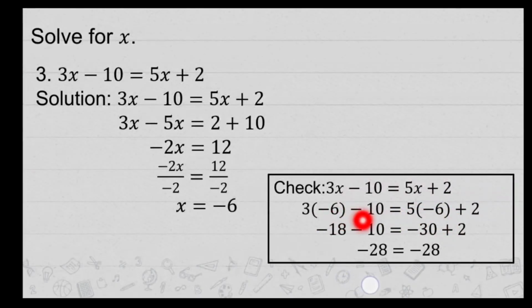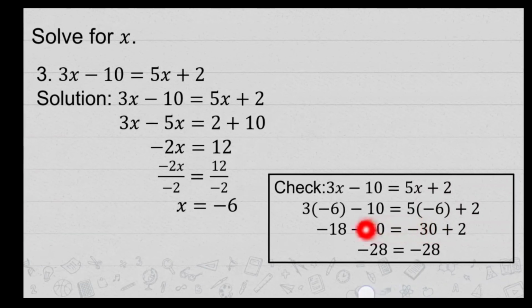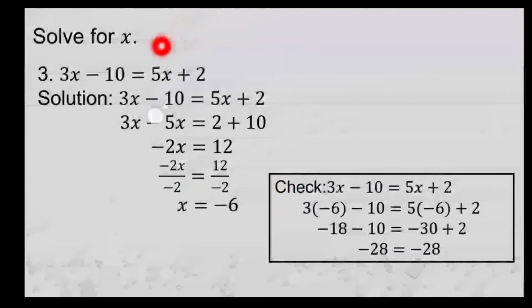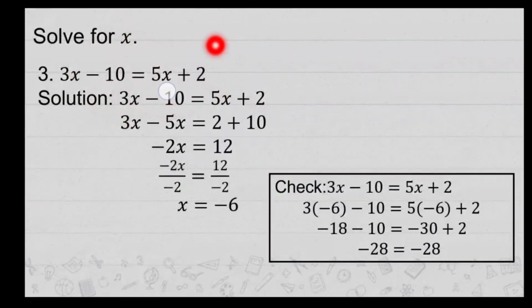Negative 18 minus 10 is negative 28. Negative 30 plus 2 is negative 28. So negative 28 is equal to negative 28. That is true. Therefore, this solution, x is equal to negative 6, will make this equation true. Okay? So our answer is x is equal to negative 6.